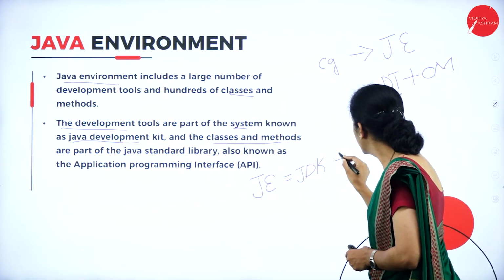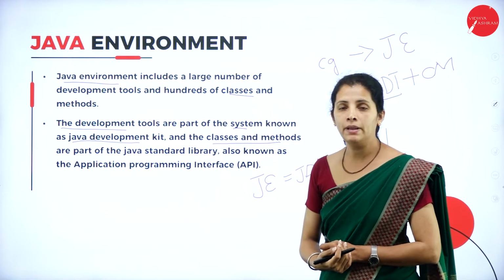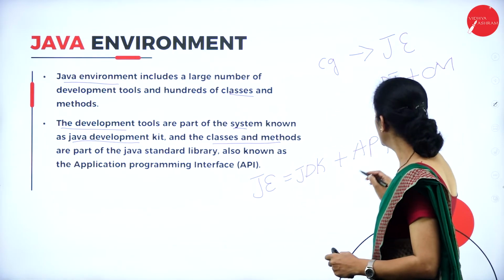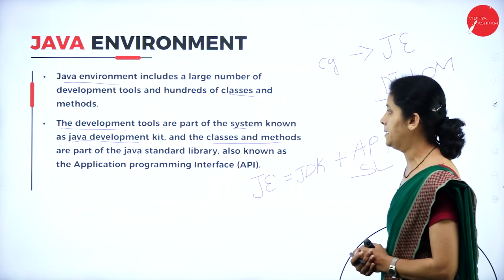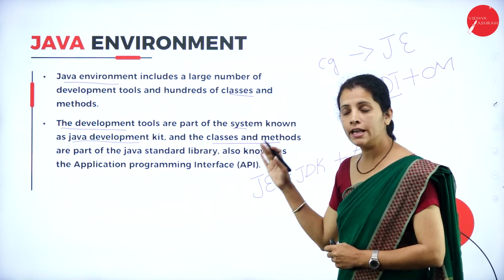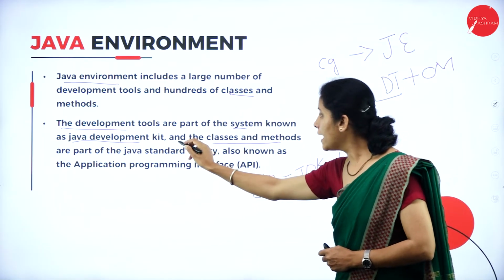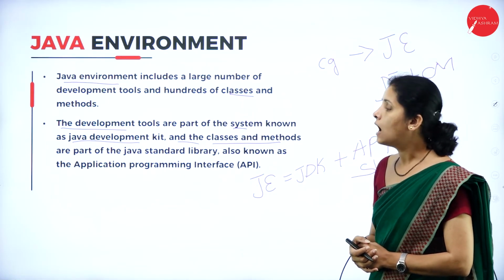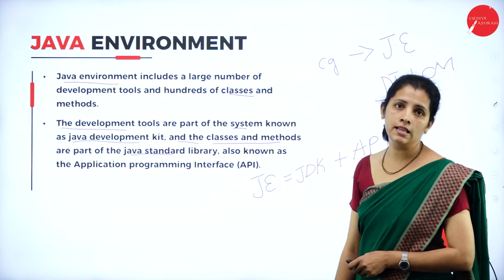So here the Java environment equals the Java Development Kit and the API. API is nothing but Application Program Interface, or I can use the words standard library. So here the Java environment includes the JDK. Along with that, classes and methods are part of the Java Standard Library.